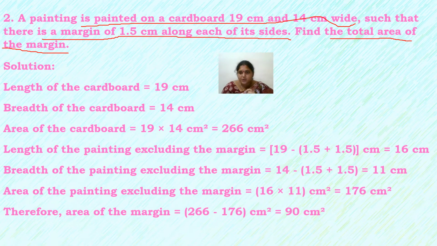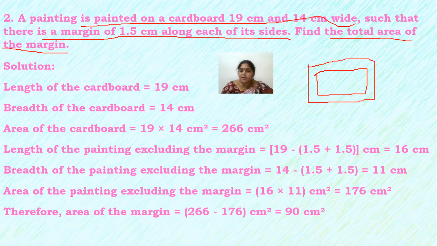How are you going to find it? First, suppose this is the total cardboard. In that, they have taken 1.5 centimeters on all the sides as the margin. Now we have to find the area of this margin. So we have to subtract the 1.5 and exclude it.